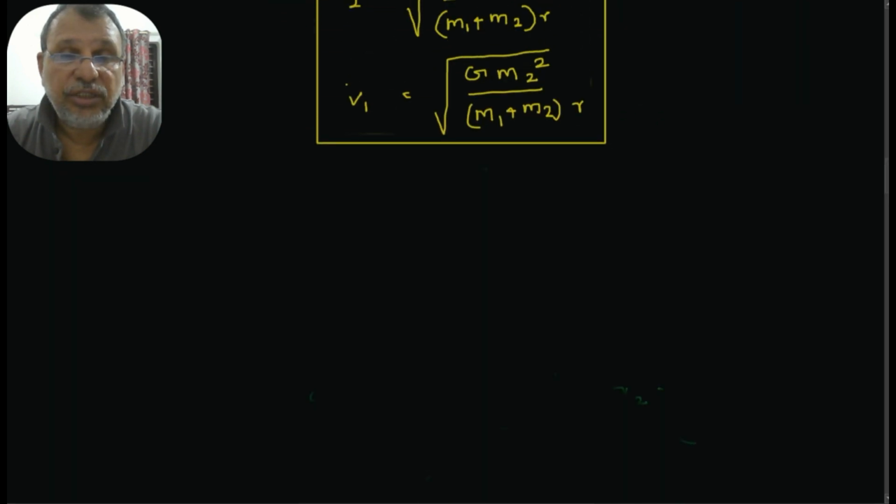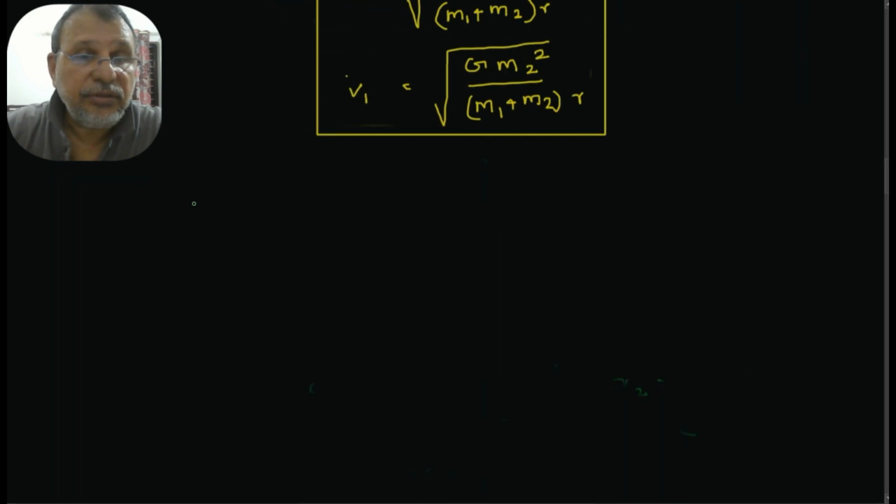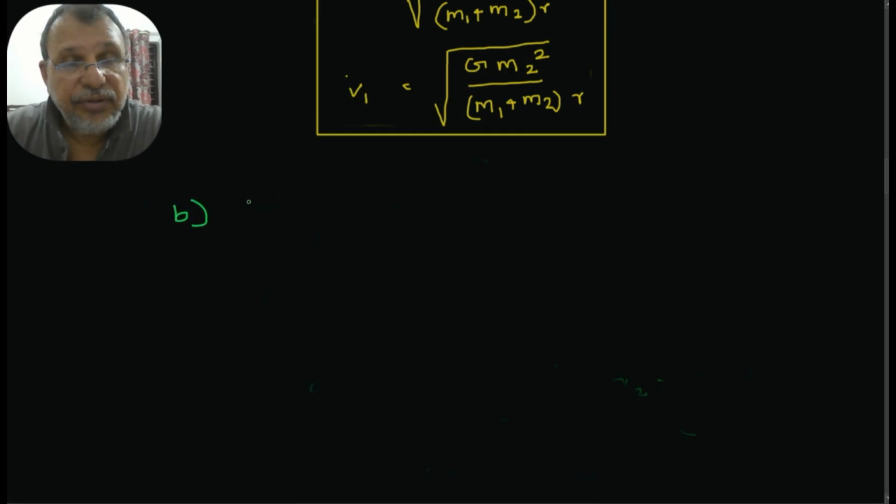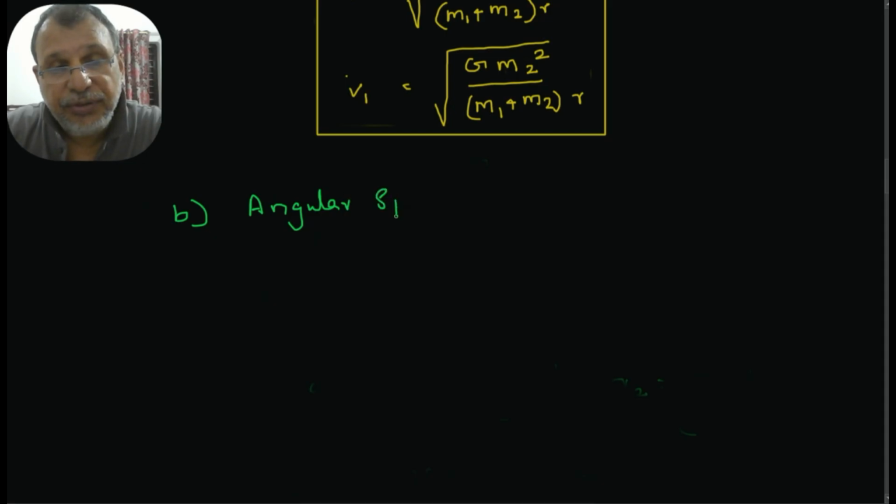So let us call this B. Angular speed of the second mass m2, let's call this omega 2.